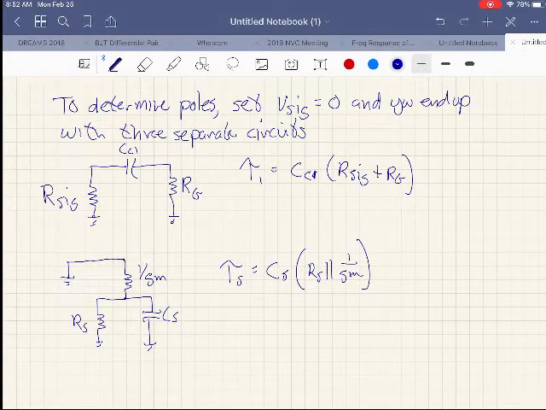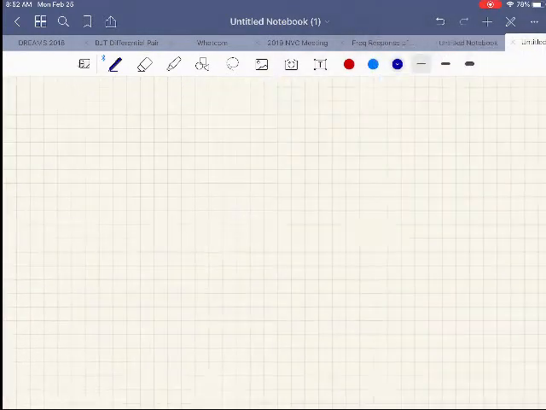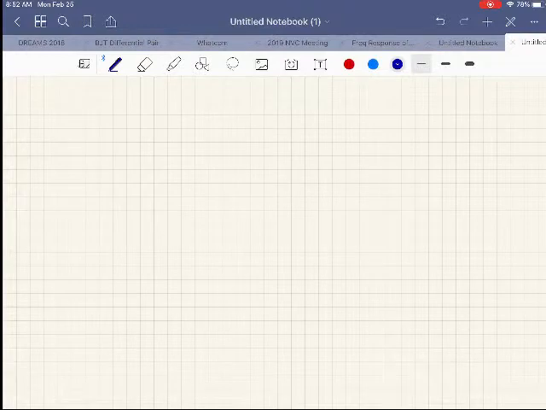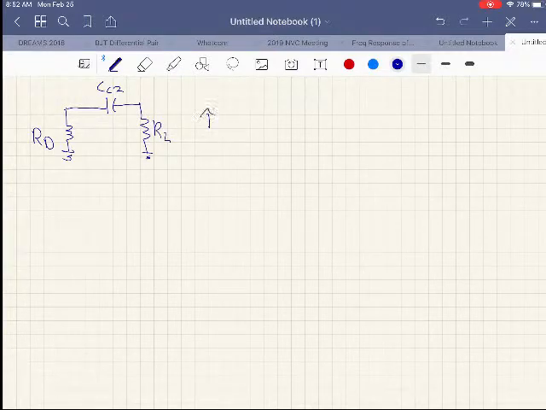We've got to go CC2. I'm going to add another page. For CC2, we've got RD, our drain resistance, we've got CC2, and we've got our load, RL. So tau for capacitor 2 is going to be CC2 times RD plus RL.